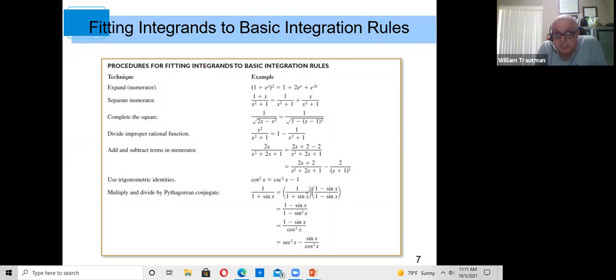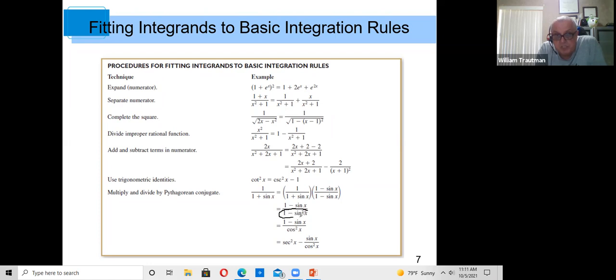Multiply and divide by its conjugate. And this you'll see, 1 plus sine, its conjugate is 1 minus sine. But if you multiply top and bottom by the same thing, the goal is to change the problem somehow to where you can do something with integration.